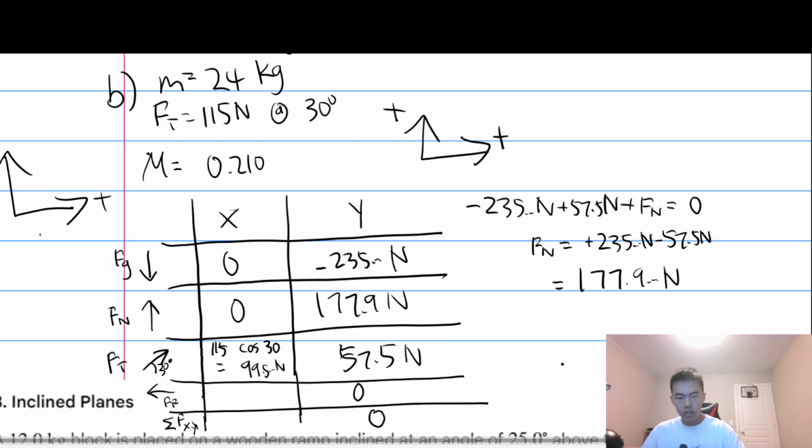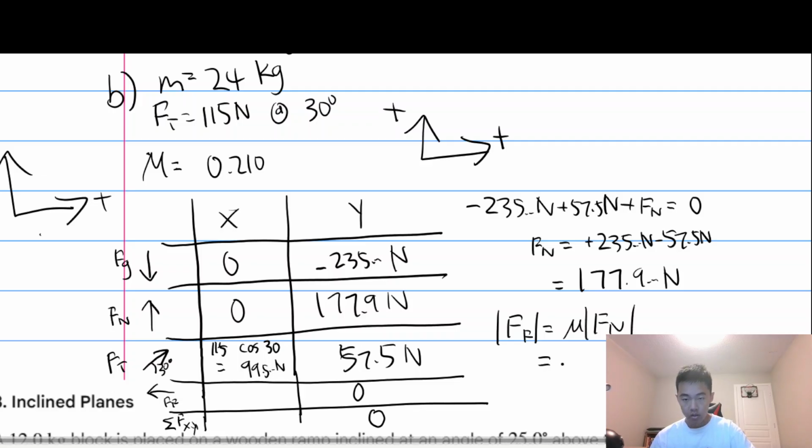So 177.9 newtons. Okay. And the last thing to check here is, what is our force of friction? We're trying to fill out this whole table, right? And there's one really handy formula, which is that force of friction is equal to mu times normal force.